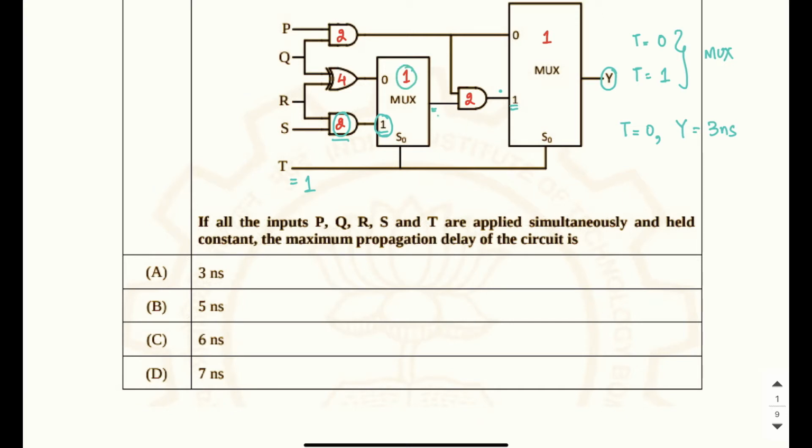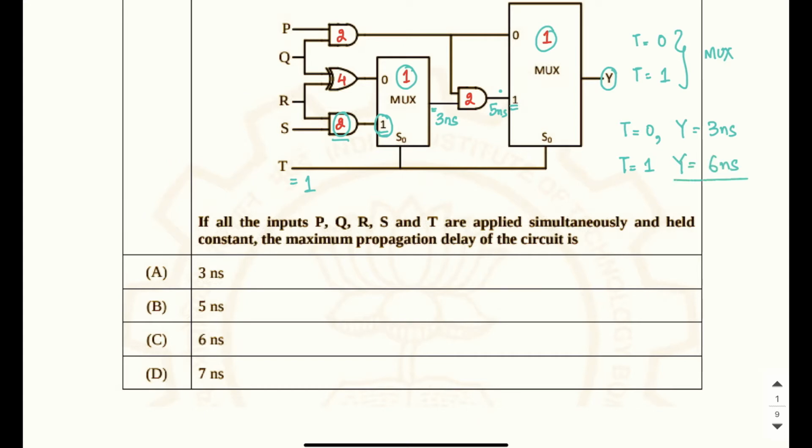So the output at this particular end will be available to you at 3 nanoseconds. 3 plus 2 will be equal to 5. So this output will be available at 5 nanoseconds. And now another 1 nanosecond will be taken by the multiplexer. So when T is equal to 1, the output will be present at 6 nanoseconds.